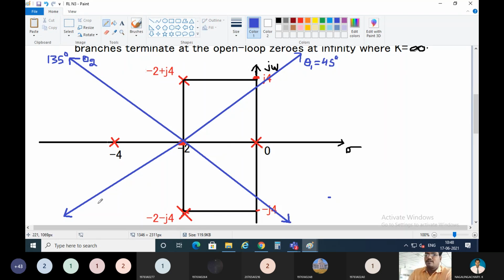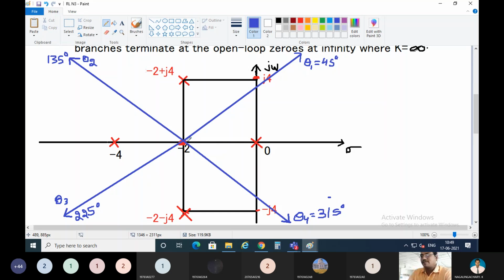Theta 4 is 315 degrees. This is 225 degrees. Like this you can indicate the angle of asymptote.